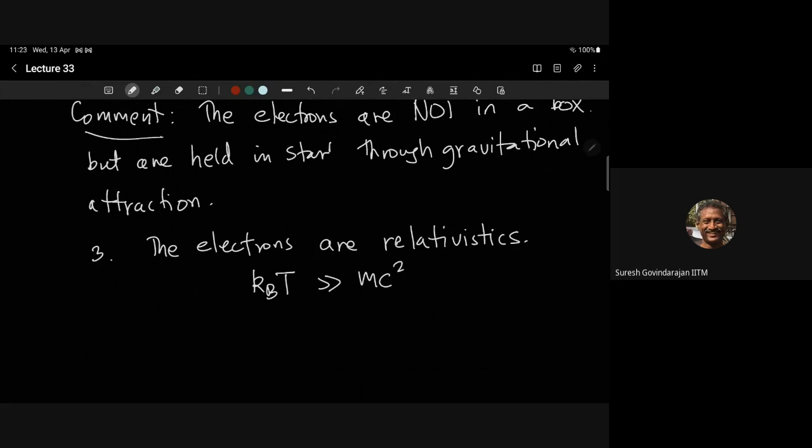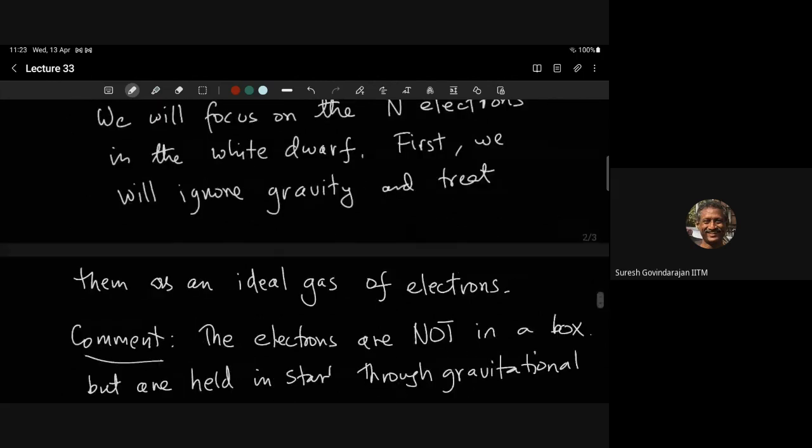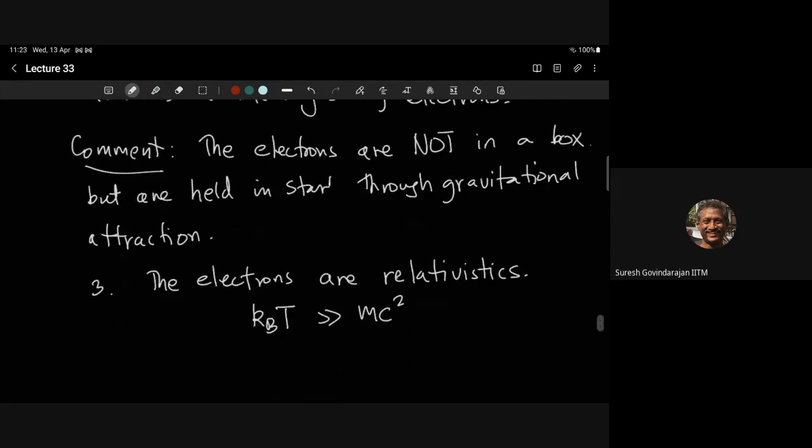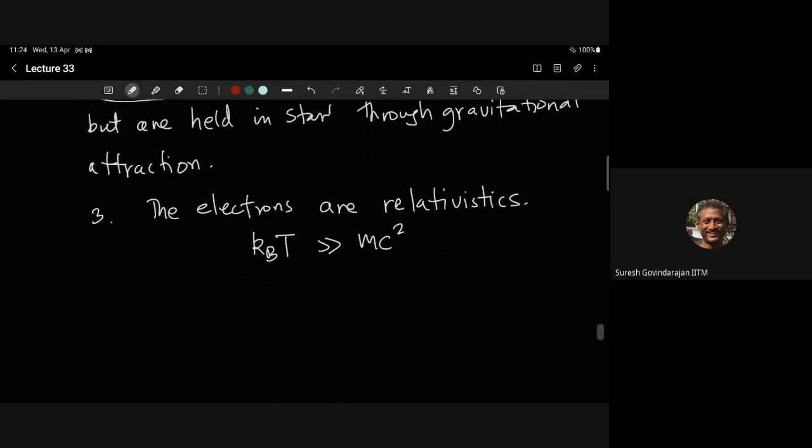This you can easily check. I've given you what k_B T is, 10^7 Kelvin, and you can work out what it is and compare it with mc². So they have to be relativistic.